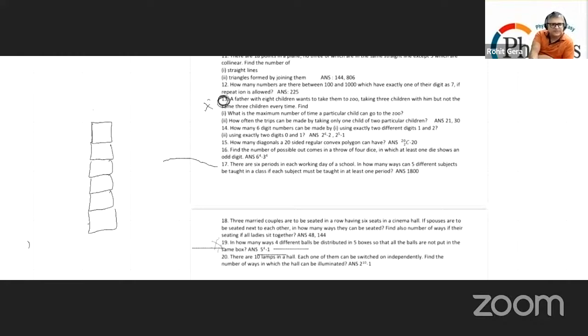But you have 5 subjects only. So if I keep a maths here, then I can have x, x, x, x, x. तो एक तो पढ़ाना ही है, जो सब्जेक्ट है. मिनिमम एक क्लास होनी चाहिए उसकी.